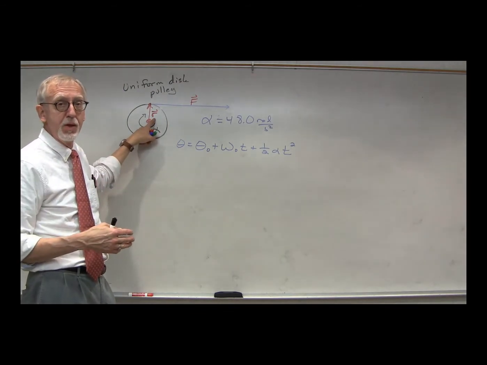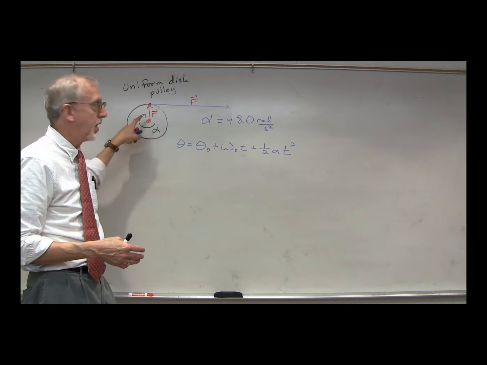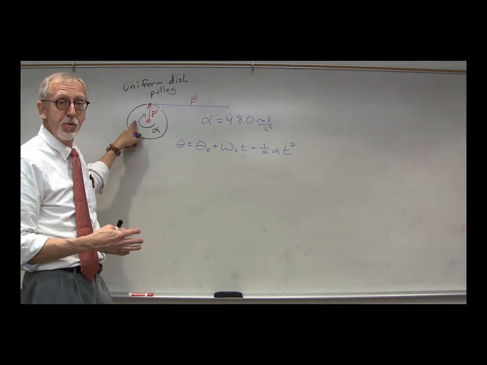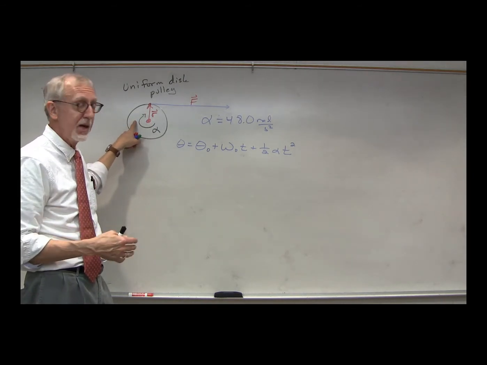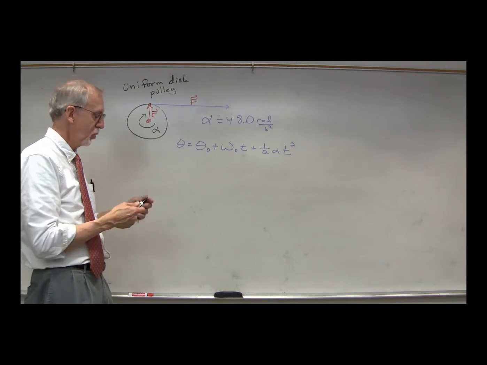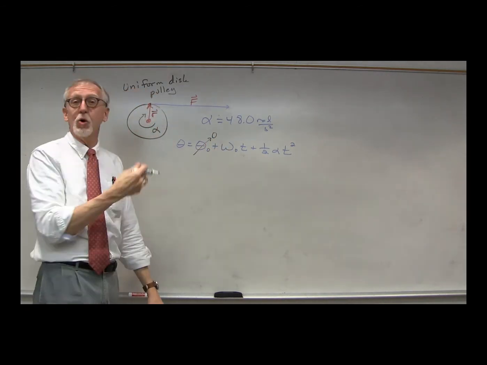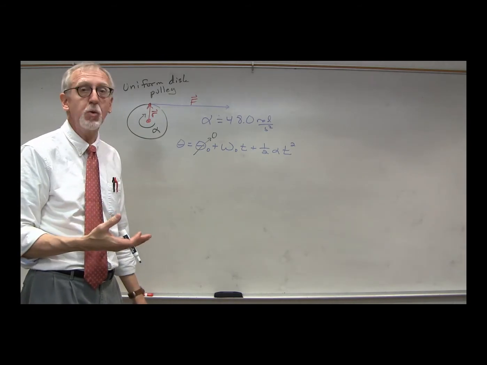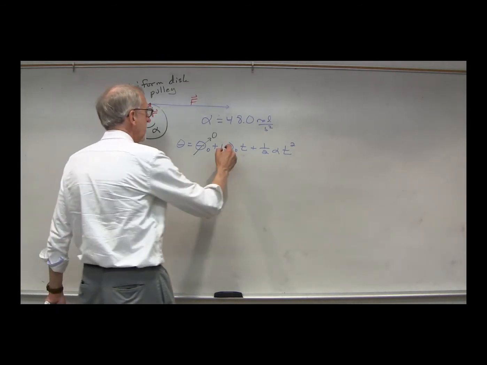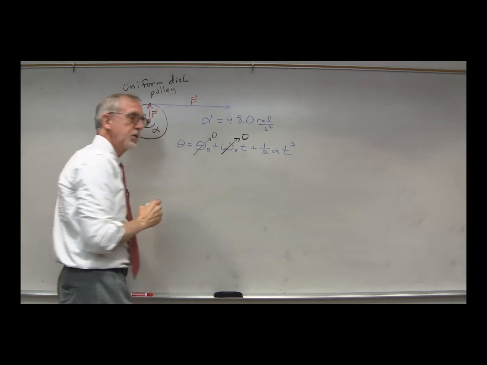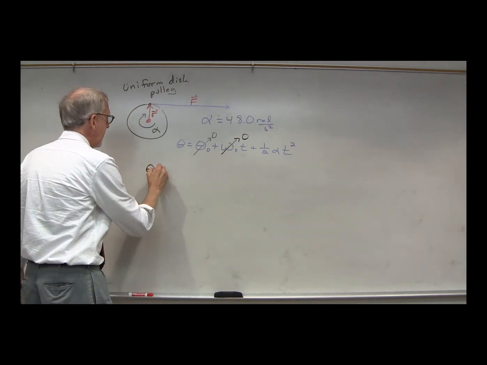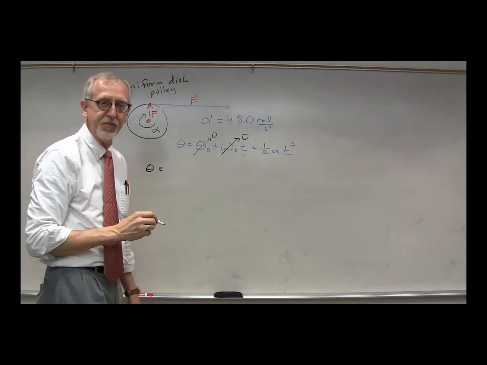We'll assume the initial angle is 0. So we'll assume that we're measuring any angles from the initial position when the pulley has not started rotating. So we'll say that theta naught is 0. We were told that the pulley was starting from rest, so omega naught is 0. So what do we get? All we get is that theta equals 1/2 alpha t squared.